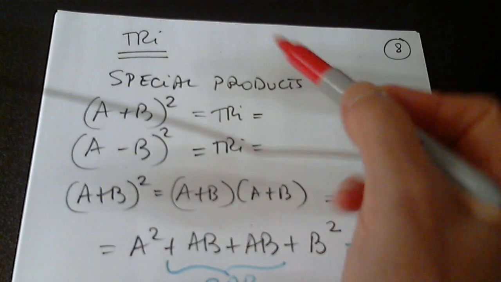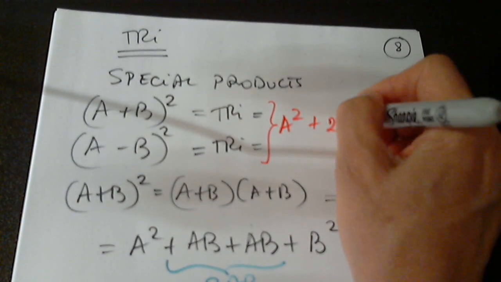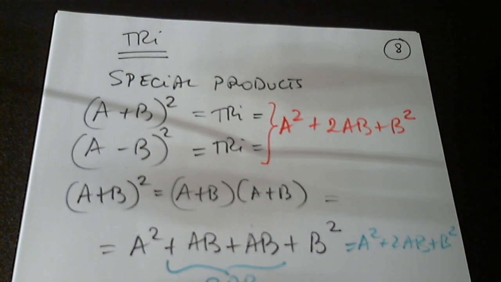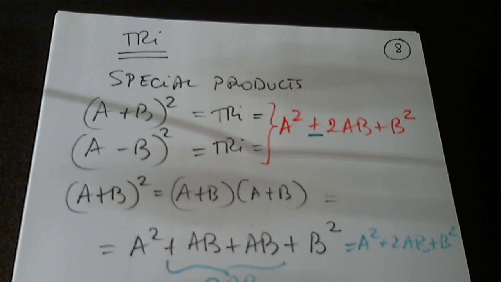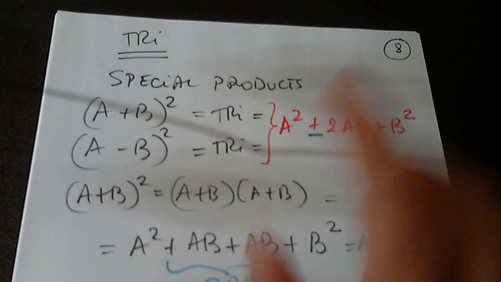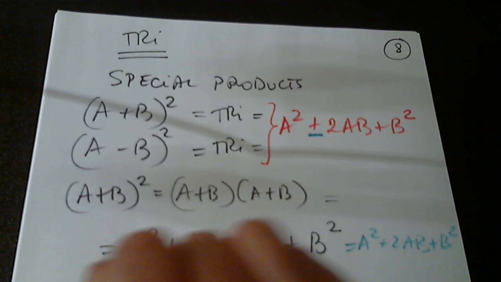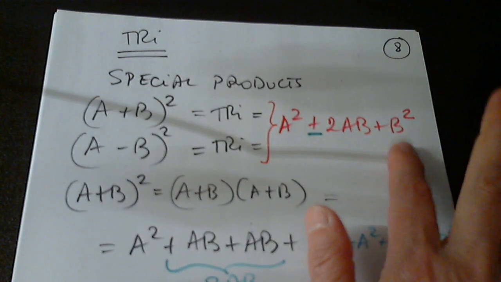But if the binomial has minus, this will be minus. That's the only difference. So these two special products should be remembered together. If it's plus, a squared plus 2ab plus b squared. If it's minus, a squared minus 2ab plus b squared.